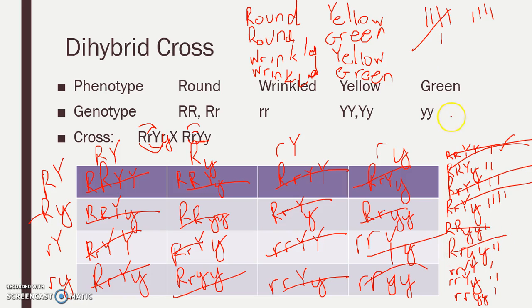Same with this one. Then I have wrinkled yellow. Same thing there. And then my last one is that. So if you notice, I get a 9 to 3 to 3 to 1 ratio. And that is a dihybrid cross.